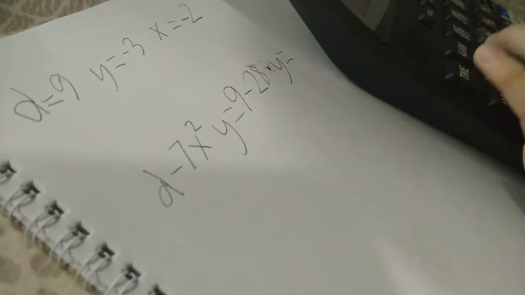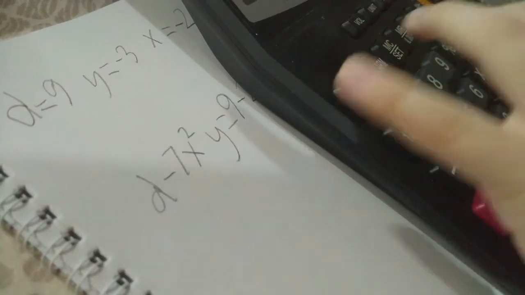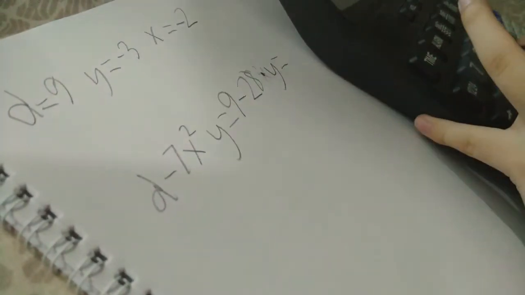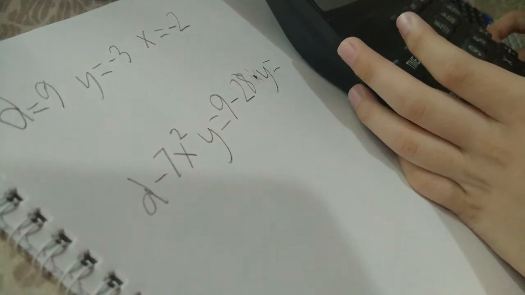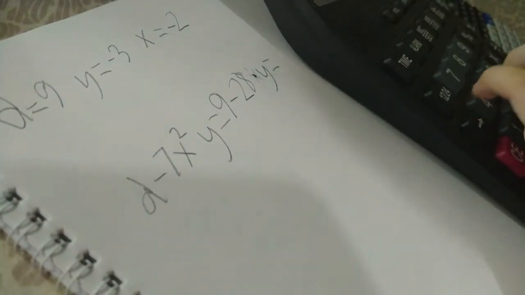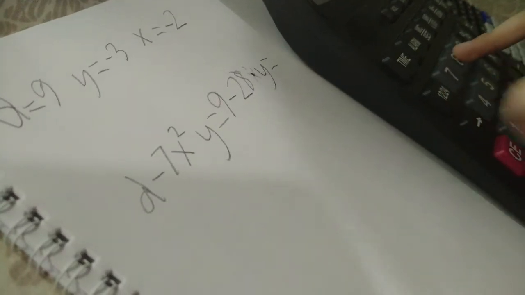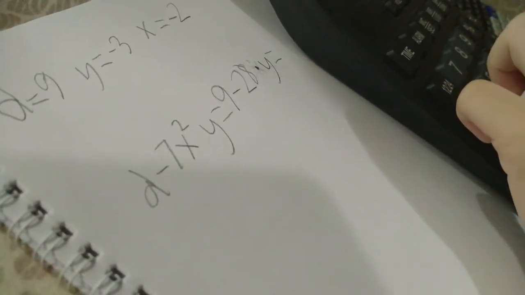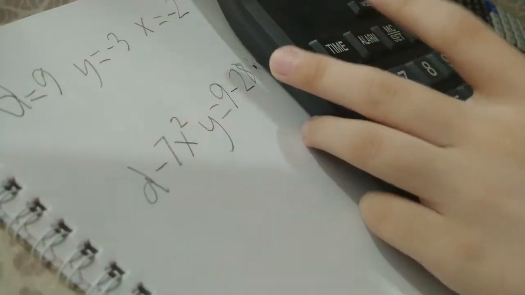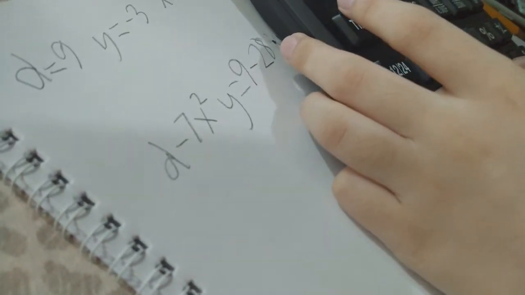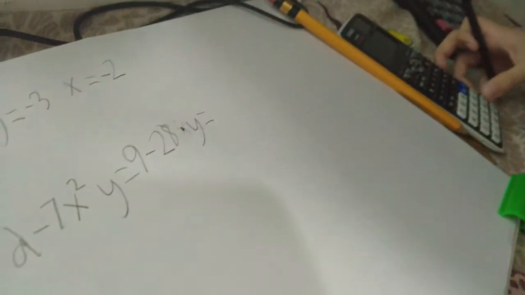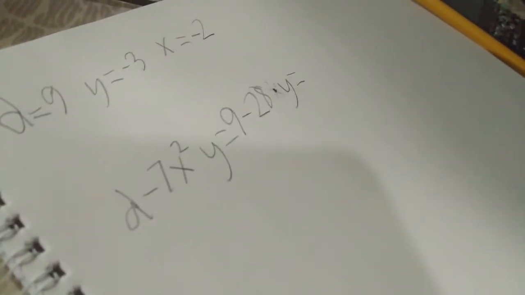Okay, 28 times negative 3. The calculator's broken.